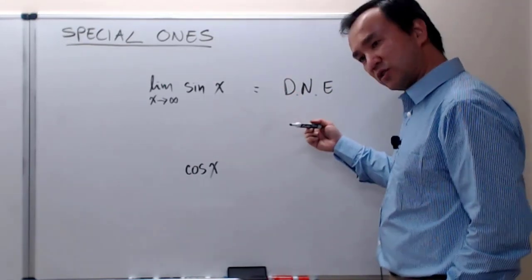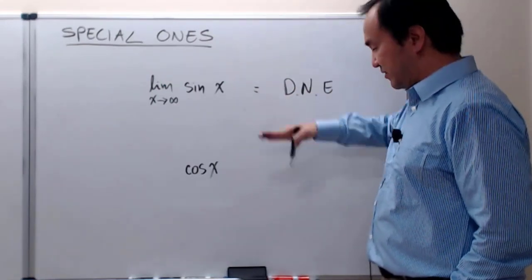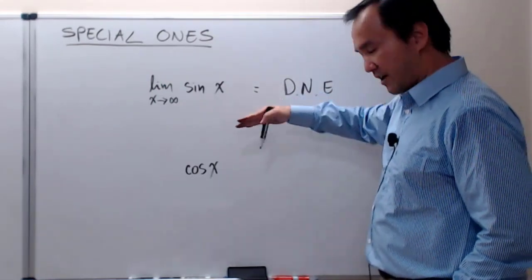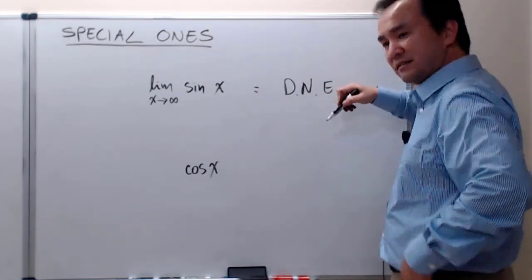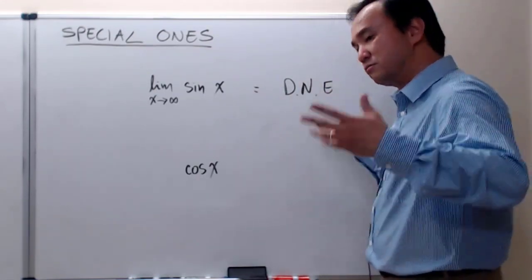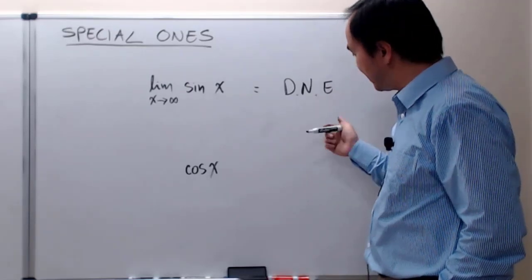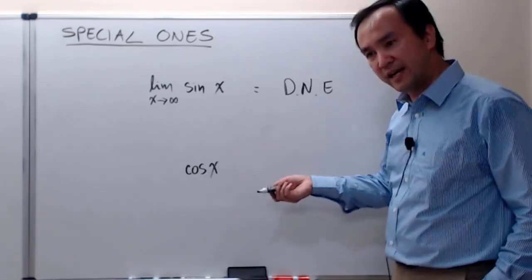At some point it equals 1, some point it equals negative 1, some other point it equals 0. As you have seen, it keeps bouncing. So which value does it go to? It doesn't really go to any value, and it could even go to any value between negative 1 and 1.